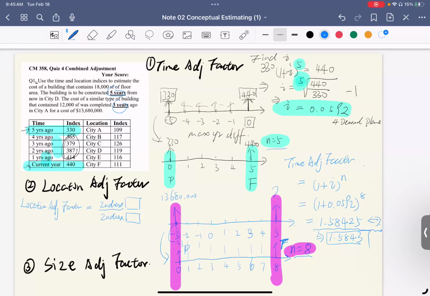City D. Yes, city D is here because we were doing a project 5 years from now in city D, right? And the 3 years ago project is in city A, so A is here.